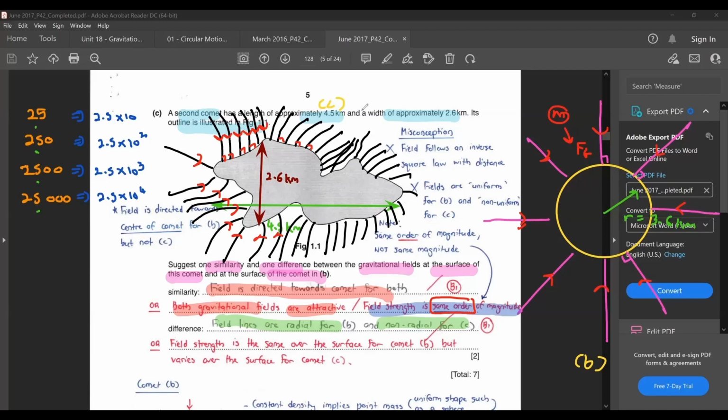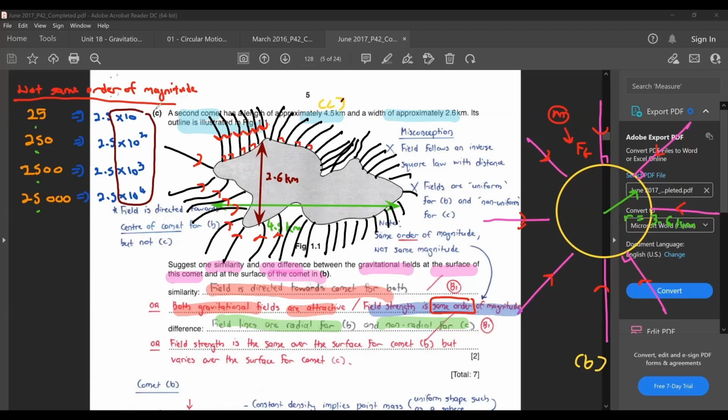Okay, the values that I just gave you here are not the same order of magnitude because you see the power of tens are different.